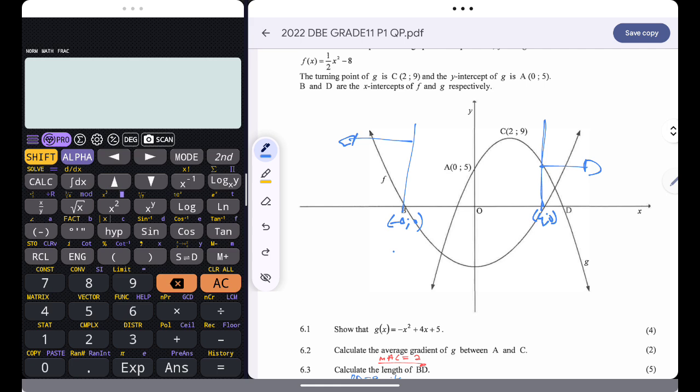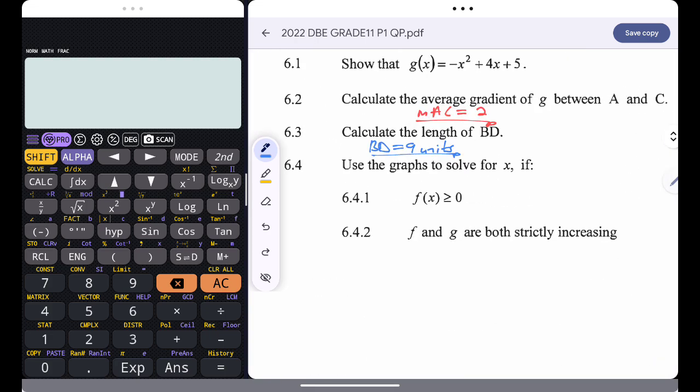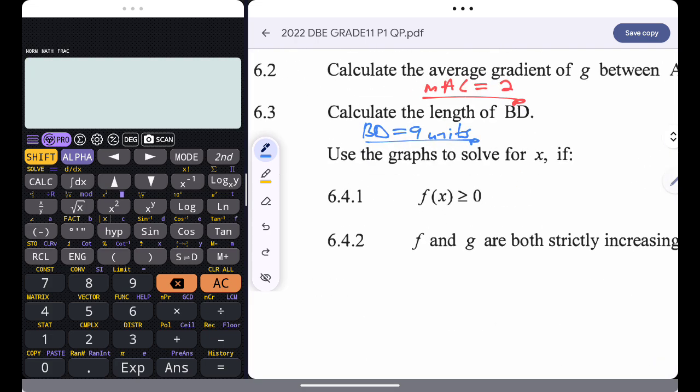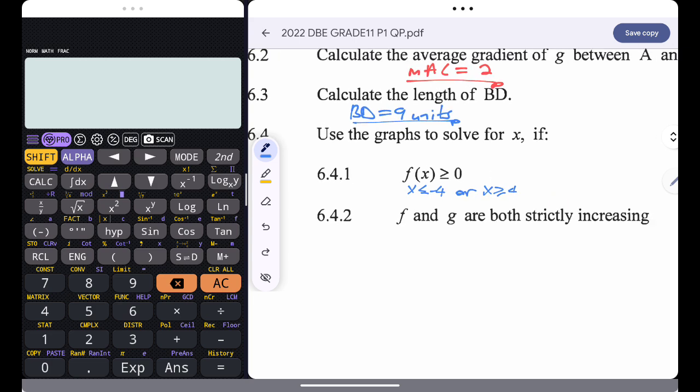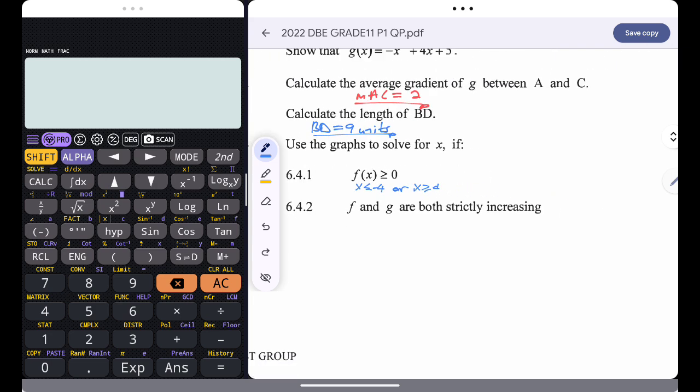So I'll simply write my answer to be x is less than or equal to negative 4, or x is greater than or equal to 4. So my graph will only be above the x-axis when x is less than negative 4, or when x is greater than 4.